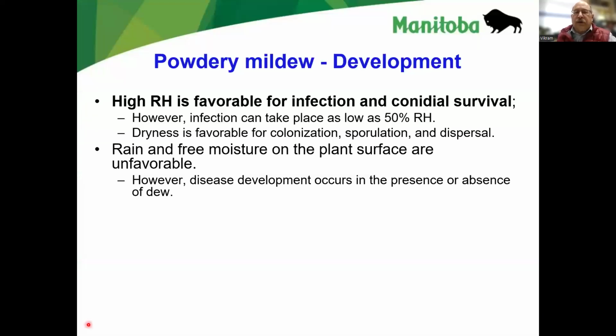Here is what it is: high relative humidity, favorable for the disease and the conidial survival, and rain is not good. It can wash away the spores and prevent infection. But the rains can also support the white mold.